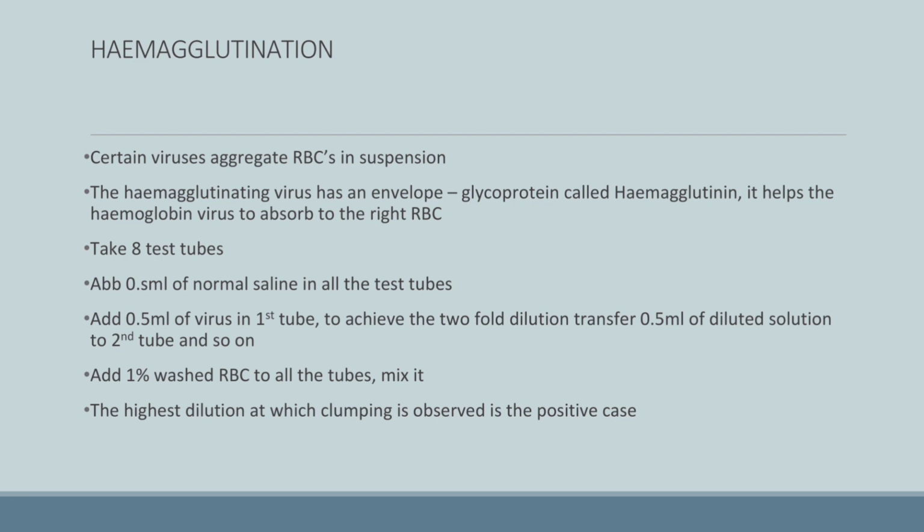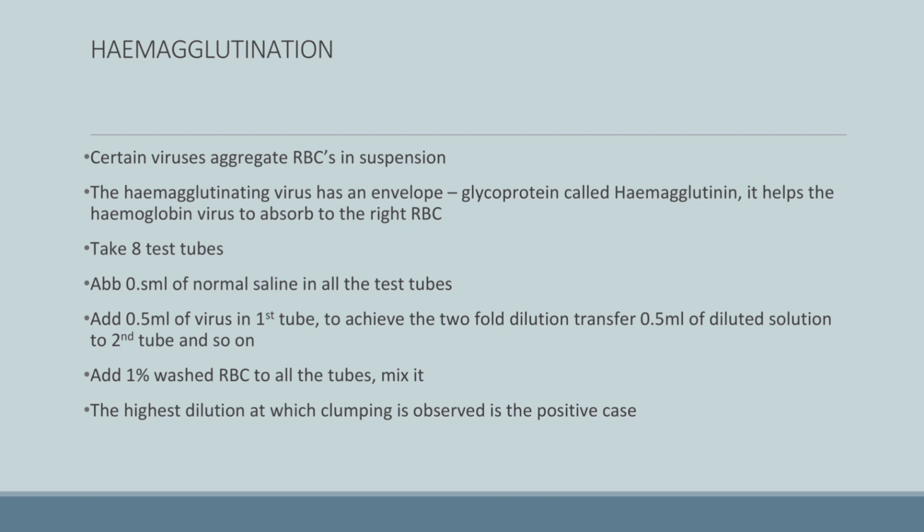In this, certain viruses, like hemagglutinating viruses, aggregate the RBCs in suspension. The hemagglutinating virus has an envelope, and a glycoprotein called hemagglutinin is present on that envelope. The presence of these glycoproteins helps the virus to adsorb to the RBC.